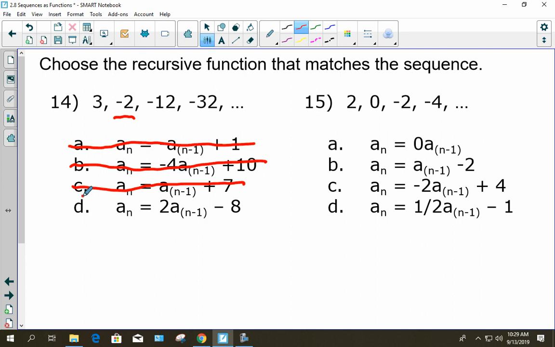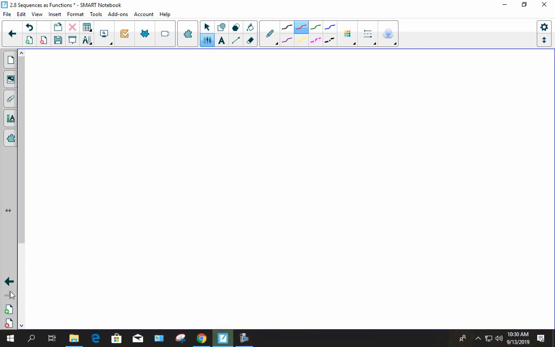So D has to be the right answer. Let's just make sure it works. 2 times 3 is 6. 6 minus 8 is negative 2. 2 times negative 2 is negative 4. And negative 4 minus 8 is negative 12. So that now works. That's what you're doing, kids. You plug it in for that.